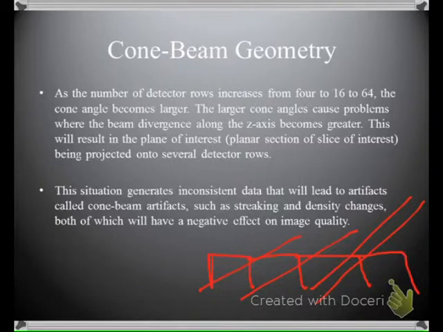This generates inconsistent data that will lead to artifacts called cone beam artifacts, such as streaking and density changes, both of which will have a negative impact on image quality. So basically, it generates inconsistent data or inconsistent images, which is something that we strive to distance ourselves from.